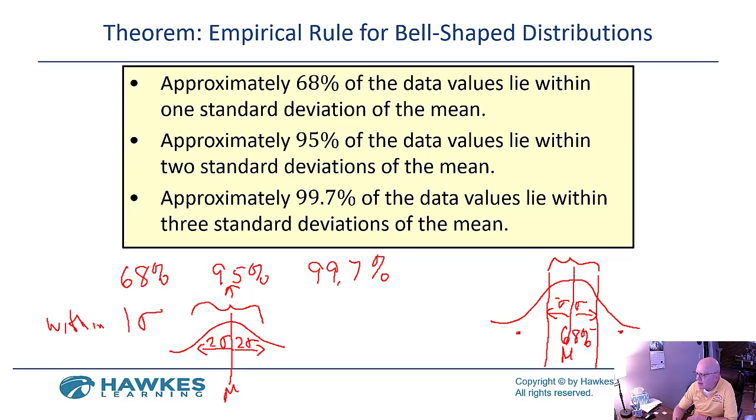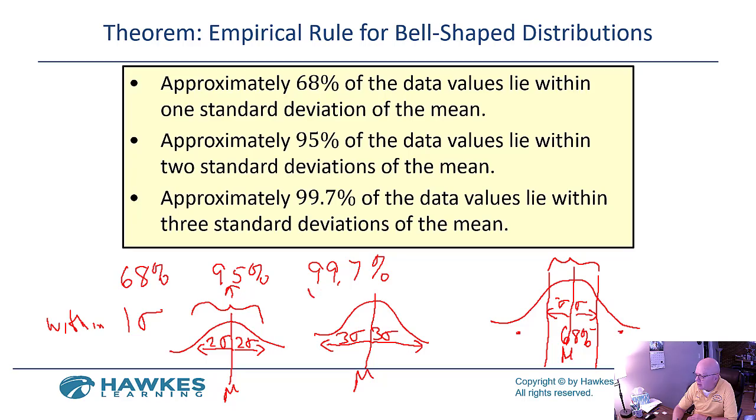So you might get an idea about this one. There's a bell-shaped curve. There's the mean in the center. This time we're going to go 3 standard deviations in both directions. It's going to cover even more of the data.